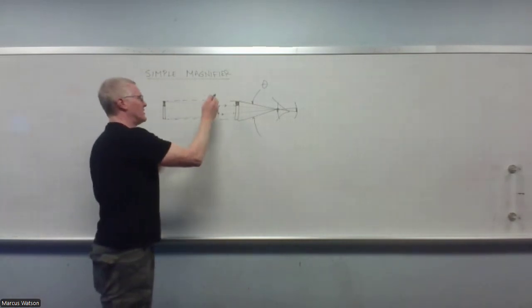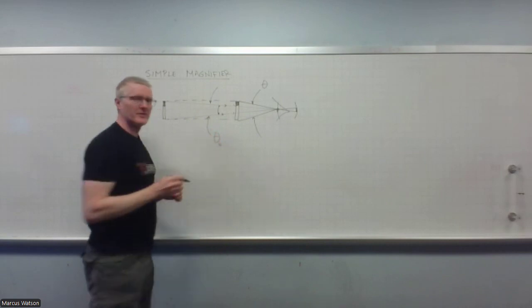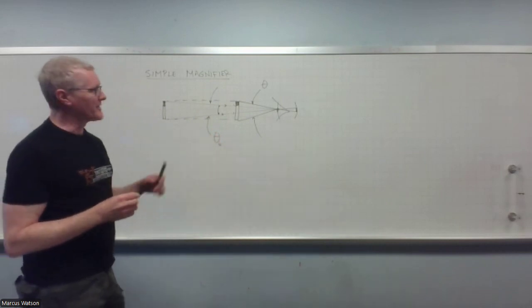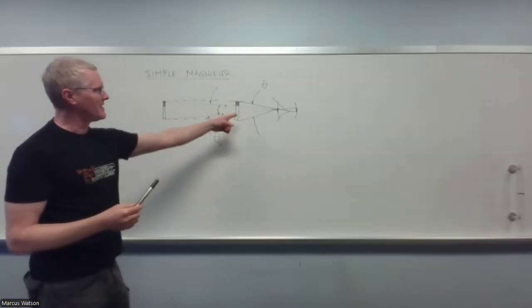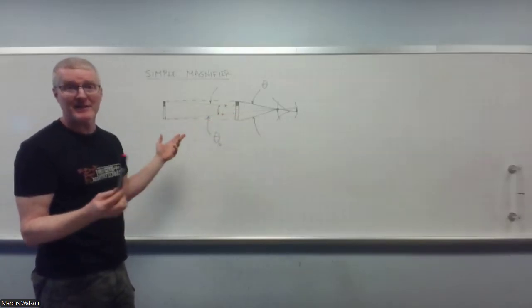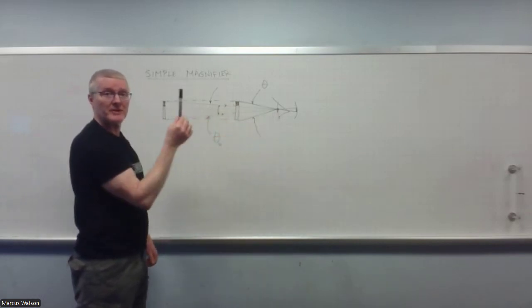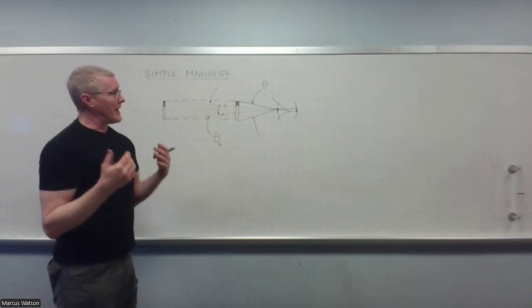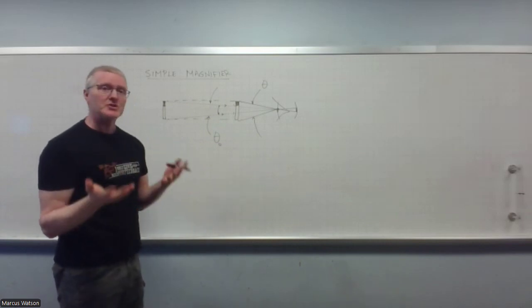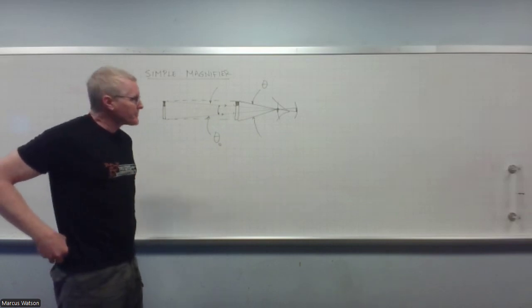If I call the angle that was this one to this one theta naught or something like that, then the magnifying effect is essentially this angle divided by that angle. It's how much I've magnified it relative to what it was, right? This is how much bigger it is just by doing this. Now, we can have lenses do the same things for us, specifically the converging lens.